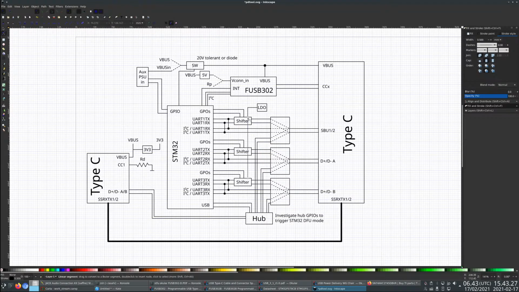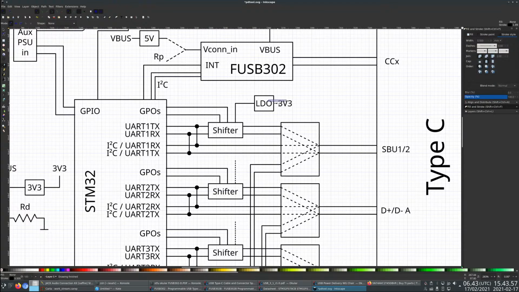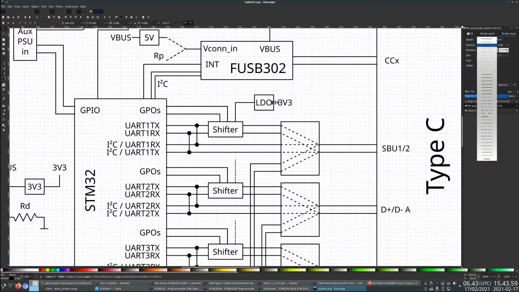Actually, it looks ugly, but let's do it like this. Sure, that's understandable. And that would be driven from probably a 3.3 volt bus, because we don't want to risk it anywhere else. And that's that.